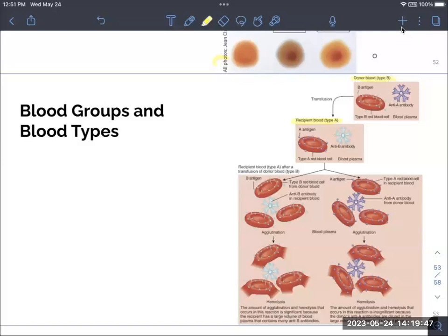That is why we need to make sure somebody with type A blood receives type A or O blood. Somebody with type B blood receives type B or O blood. So there's a lot that we have to pay attention to when we're looking at who can donate blood to whom.